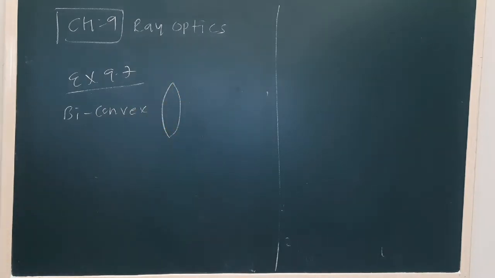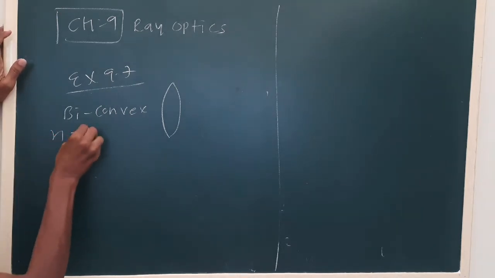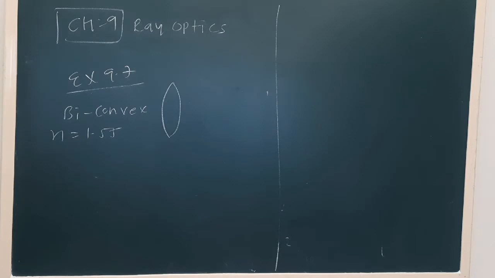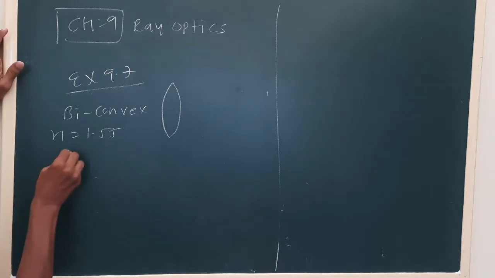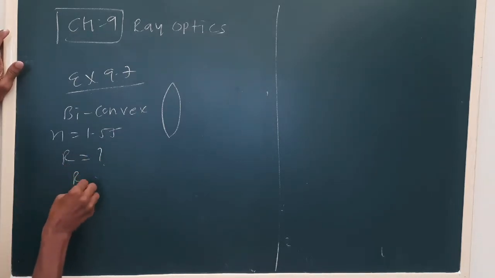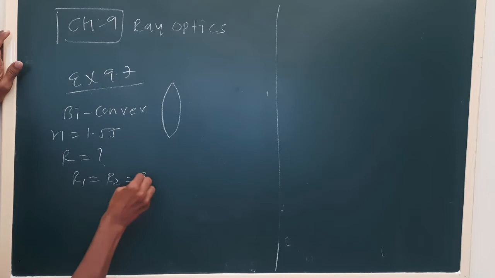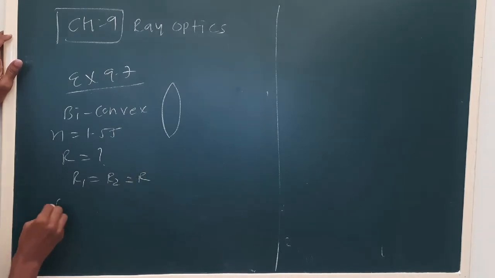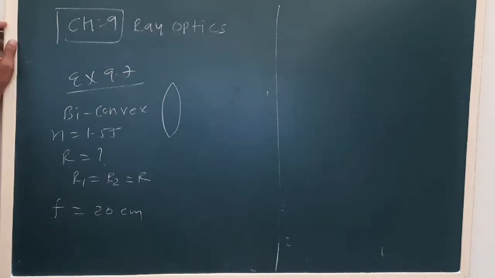Okay, that means both surfaces are convex. Okay, the refractive index is 1.55. Now here we have to find out the radius of curvature. Here R1 and R2 are equal. Okay, focal length is given as 20 centimeter. Okay, we have to calculate what will be the radius of curvature.